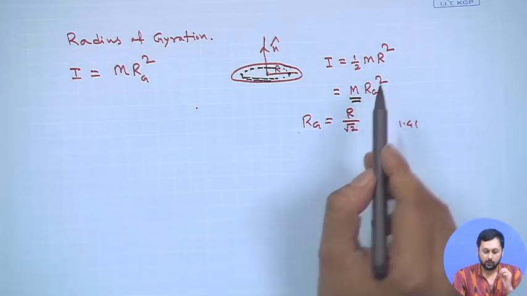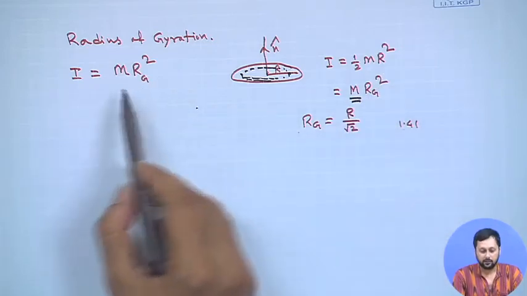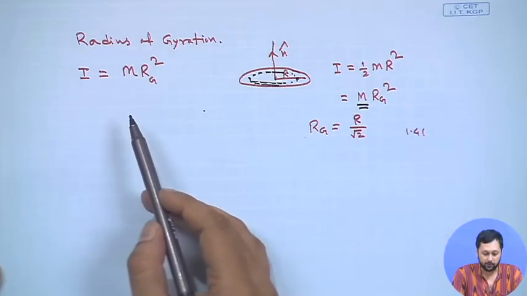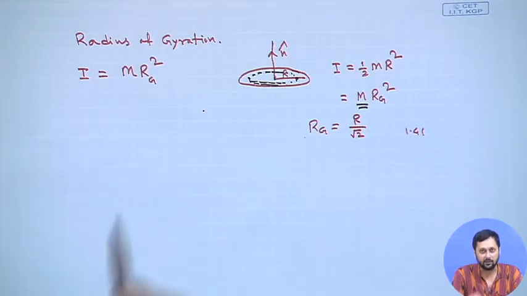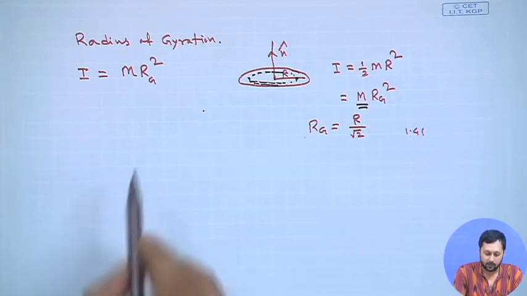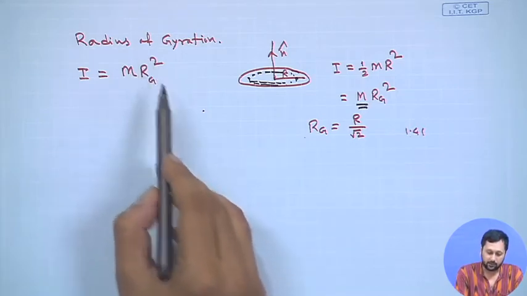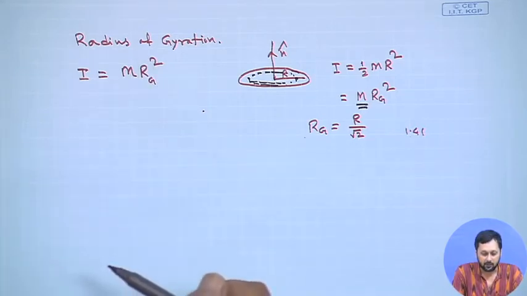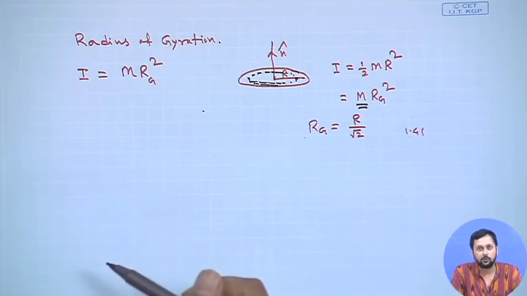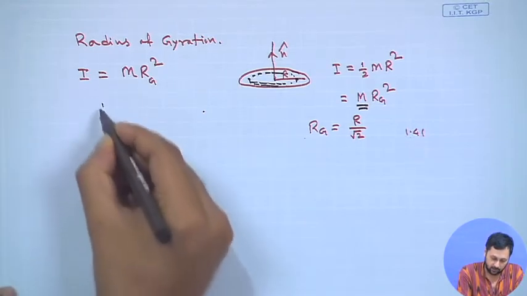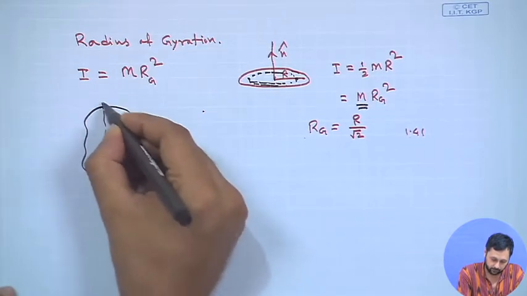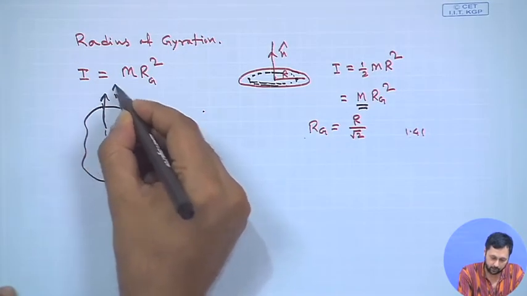So, radius of gyration is essentially a point mass approximation. It gives a good point mass approximation for any system. For any system, we can calculate an r_g, which physically means the mass of the whole system is reduced to a point, and let us say this is my object and this is my axis of rotation.